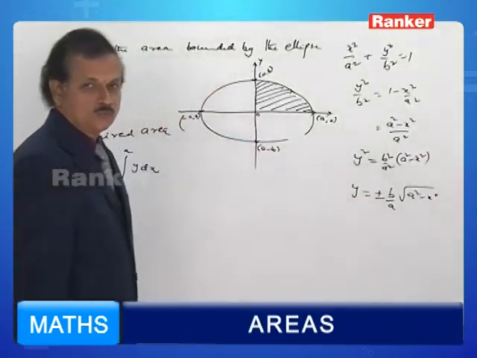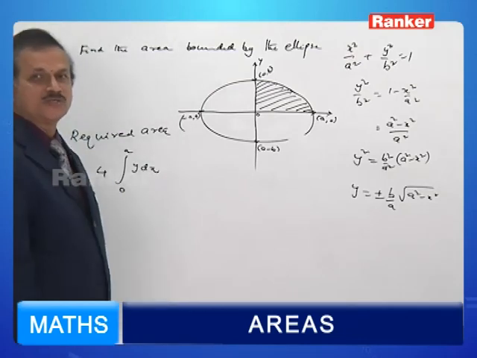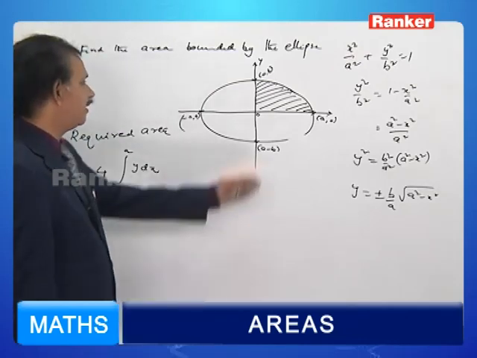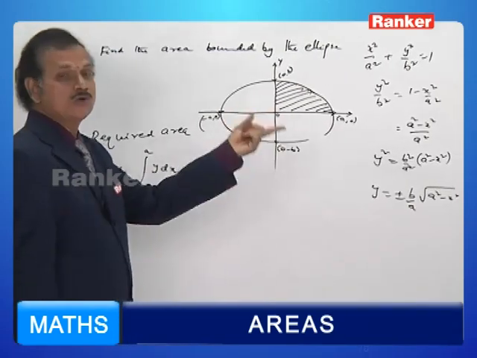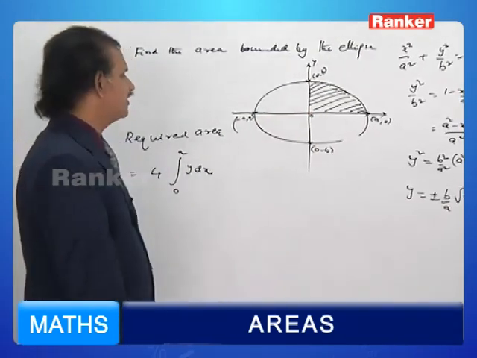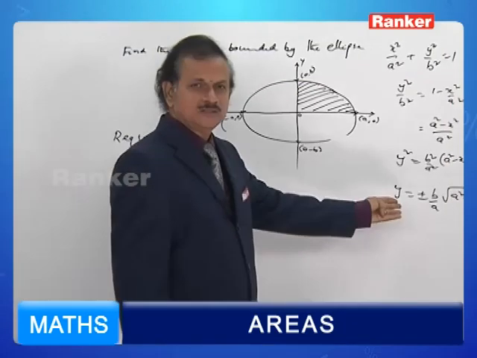As we take interest in finding the area in the first quadrant itself, we have to take y is equal to plus b by a into root of a square minus x square, because y is f of x.